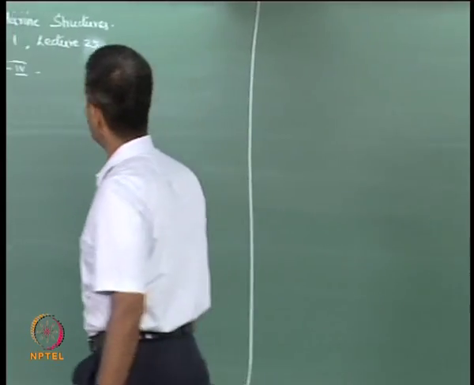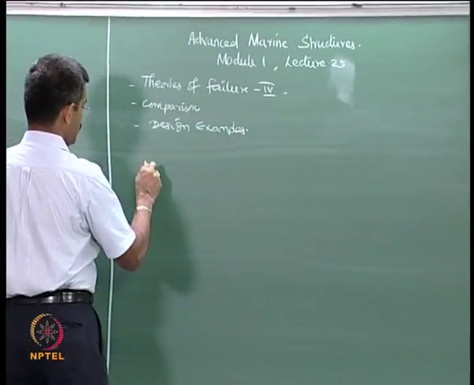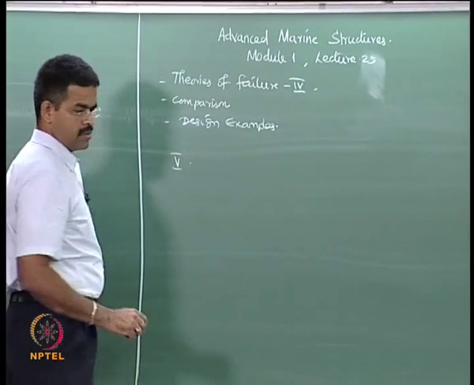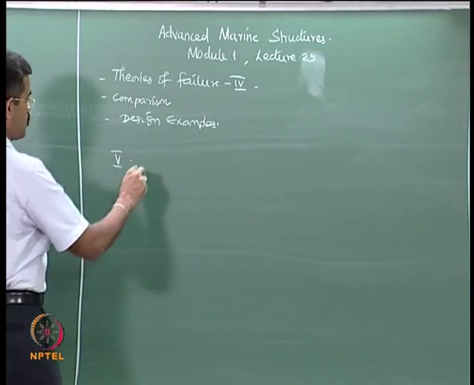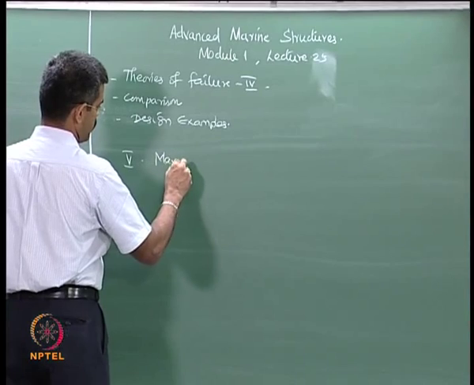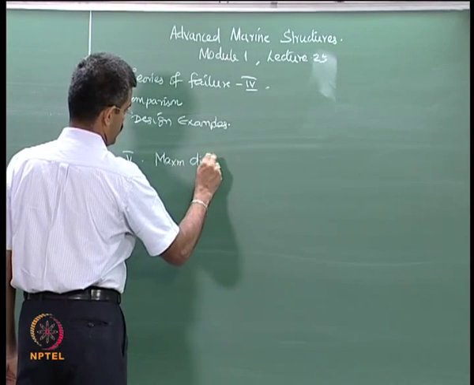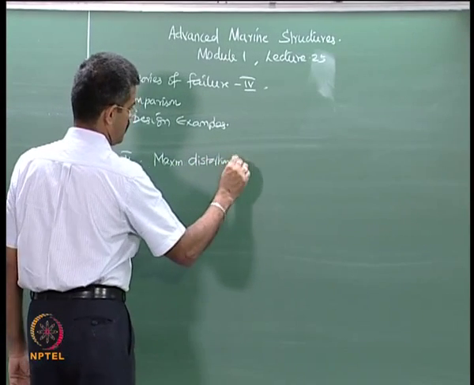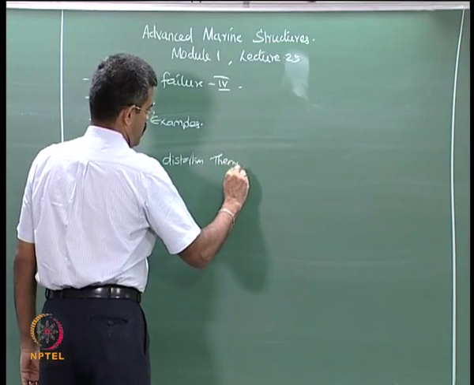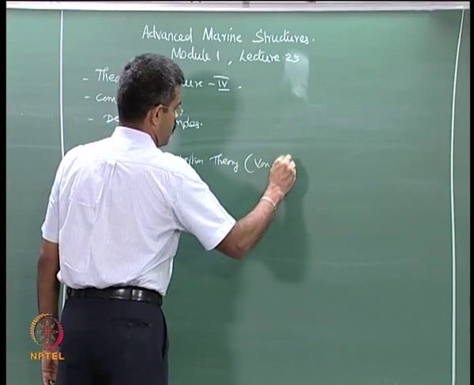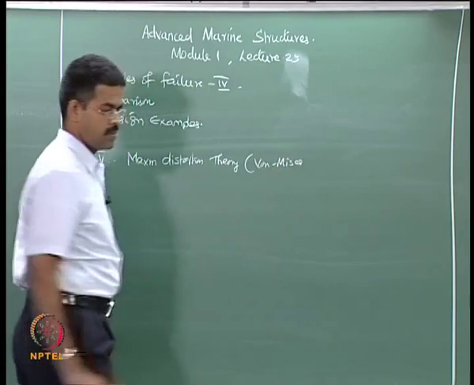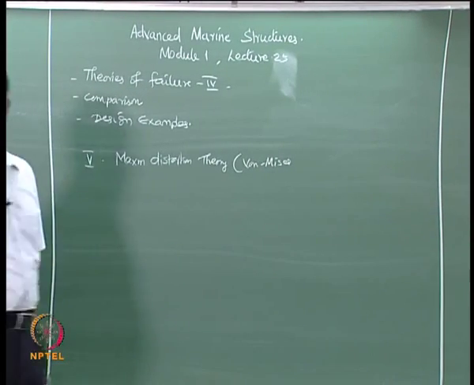The fifth theory which we will discuss today will be the maximum distortion theory. This is also called the von Mises theory.